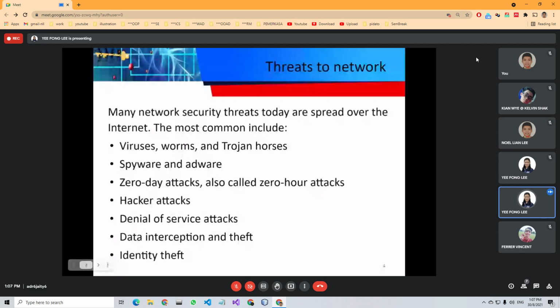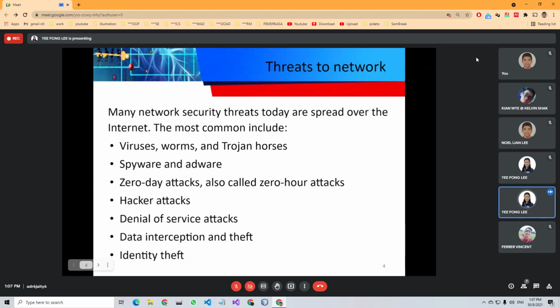But anyway, the 0-day exploit is when the perpetrator takes advantage of a security vulnerability on the same day the vulnerability becomes generally known. So what does it mean? Let me rephrase.